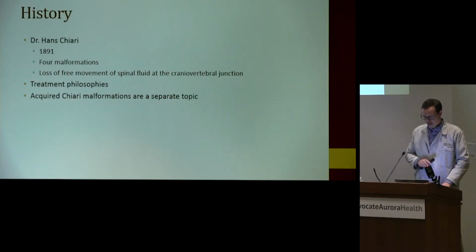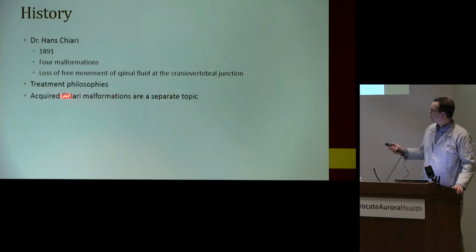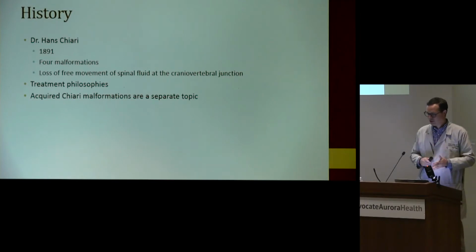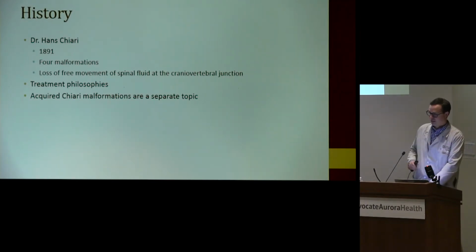And there's all kinds of different treatment philosophies and ways that you can take care of people with this. You'll also hear about what are called acquired Chiaris that may be due to a brain tumor or hydrocephalus or idiopathic intracranial hypertension. That's actually a completely separate topic from what we're going to talk about today.